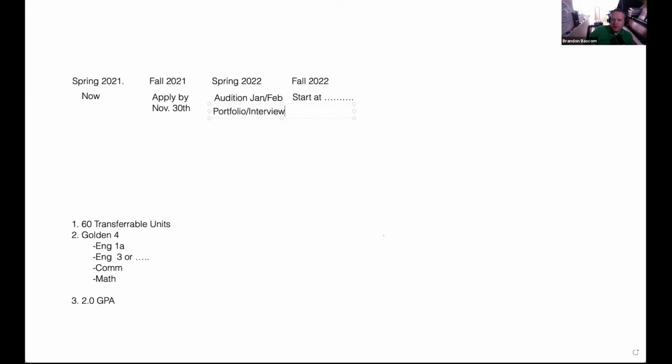Usually that portfolio requires at least 2 pieces in contrasting style. They want recordings of it, and usually they want a score of it. That's why we have the Finale requirement, so you can learn how to score your work for that commercial music portfolio that you have to turn in as part of your application to get in.